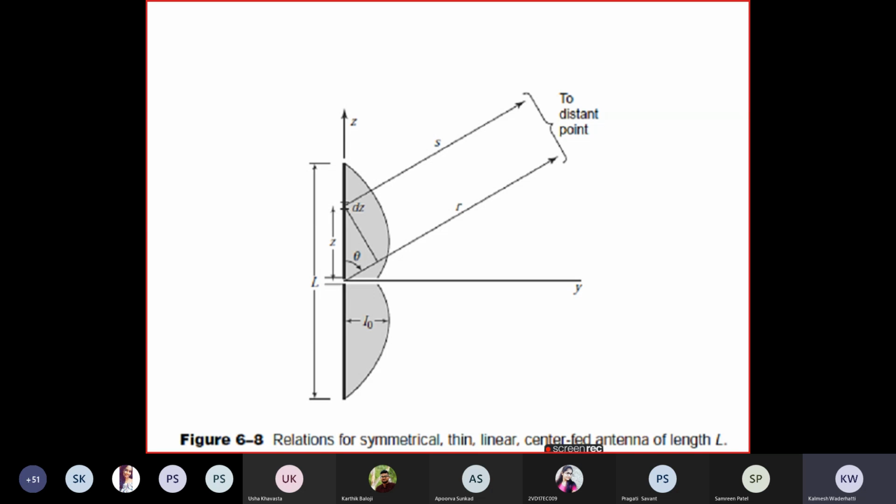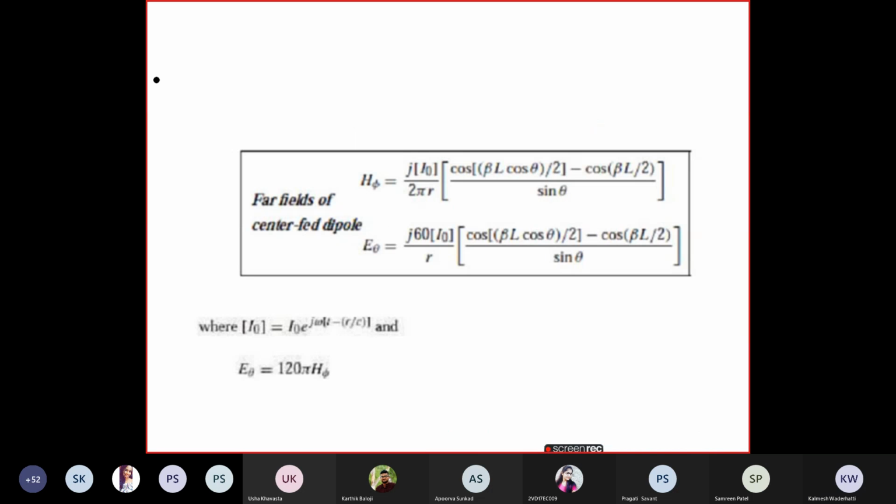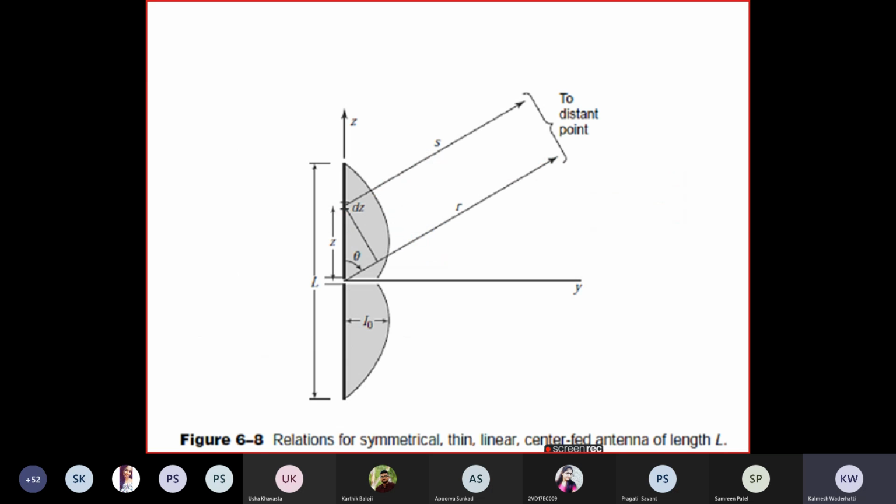Here the relation for the symmetrical thin linear center fed antenna of length L is derived in the far field equation, that is, at the distant point. Here we have the field equation by integrating over the sphere.